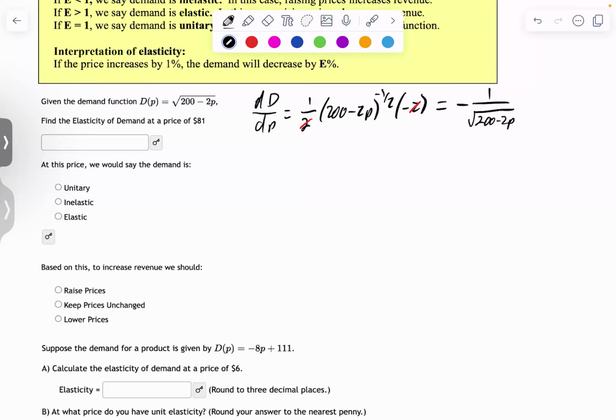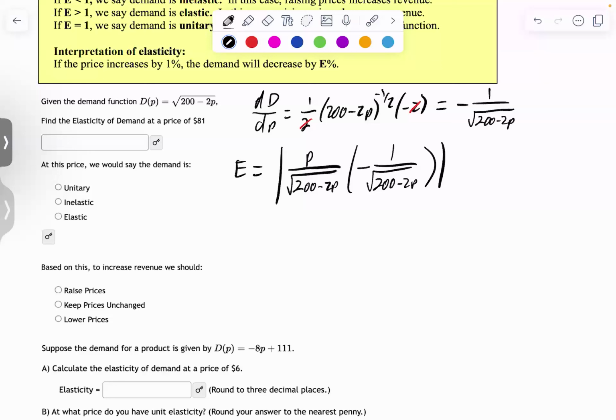And so our elasticity is going to equal p over Q, which is our square root of 200 minus 2p, times negative 1 over the square root of 200 minus 2p. And I am going to notice that this gives us negative p, and the square roots go away.